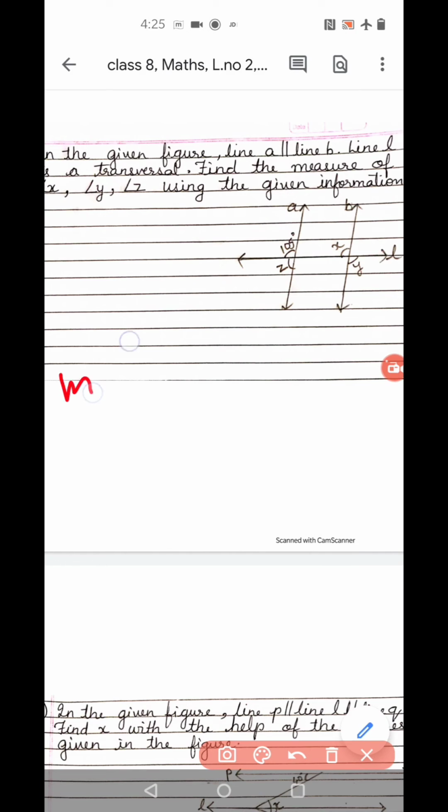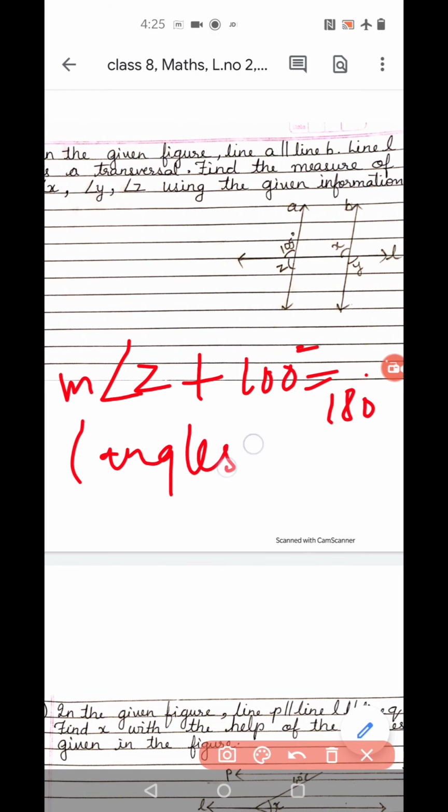Now, measure angle Z we have to find out. That is, measure angle Z plus 100 degrees is equal to 180 degrees. Why? They make angles in a linear pair.